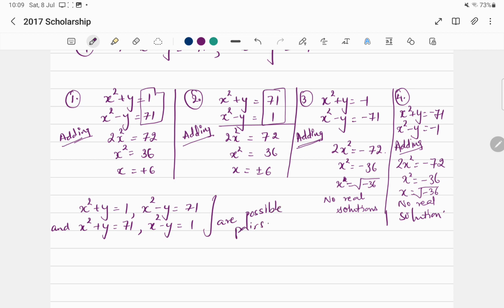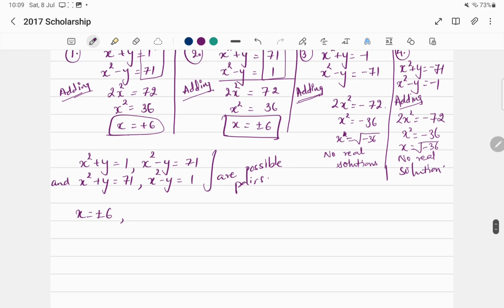When solved, this gives us x as plus or minus 6. We need to find the values of y in these cases.